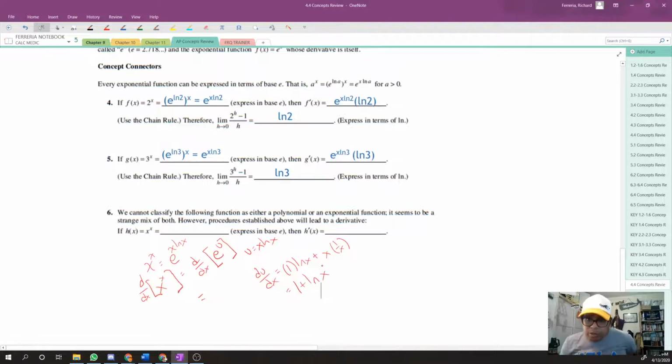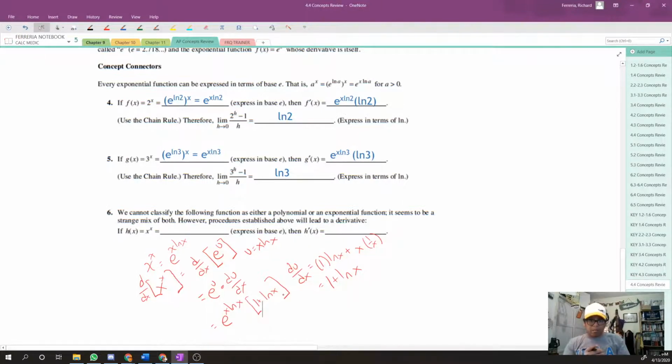And then to take the derivative of u, you have to use a product rule. So the derivative of x is 1 multiplied by natural log of x, plus x times the derivative of natural log of x, which is just 1 over x. And when you simplify that out, you get du dx is 1 plus natural log of x.